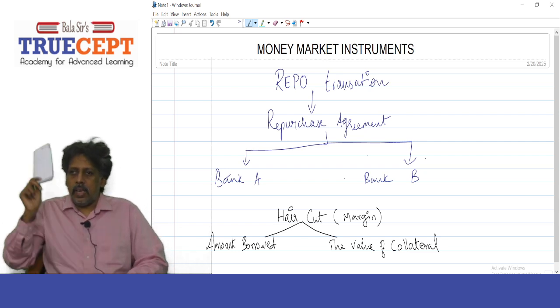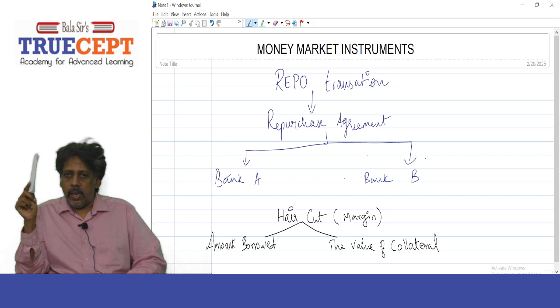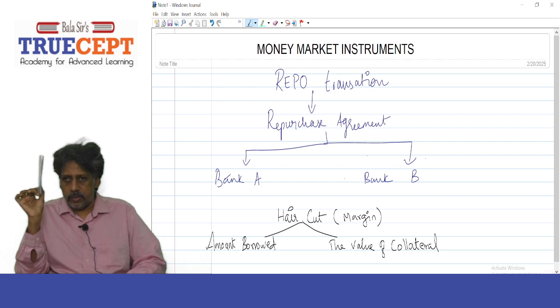How does it work? Let us say bank A has these investments, a bunch of papers. These are nothing but investments held by banker A. This can even be an investment in some government bonds.